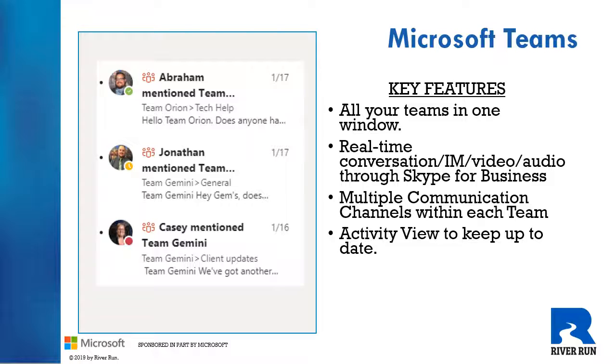The activity view allows you to keep abreast of the things that are happening today. So these are the three activities that I haven't looked at yet, or I haven't clicked on yet. So it brings them and keeps them front of mind.